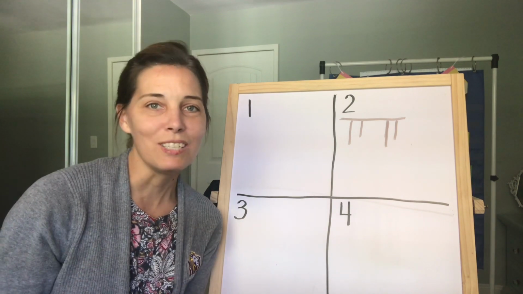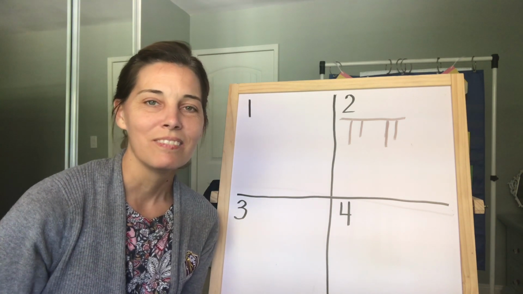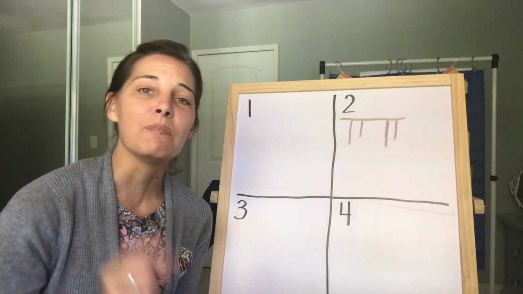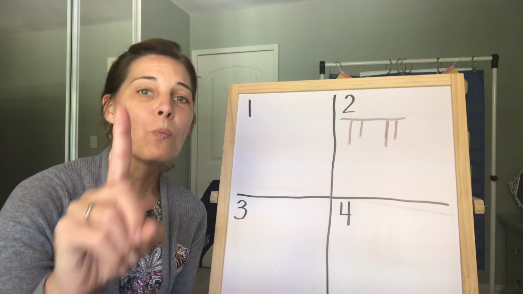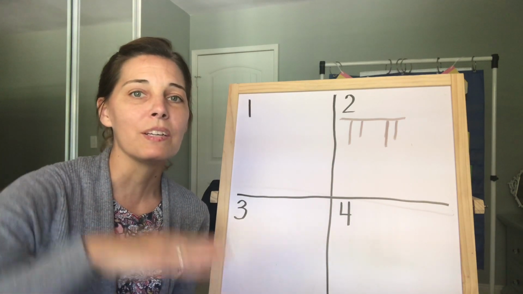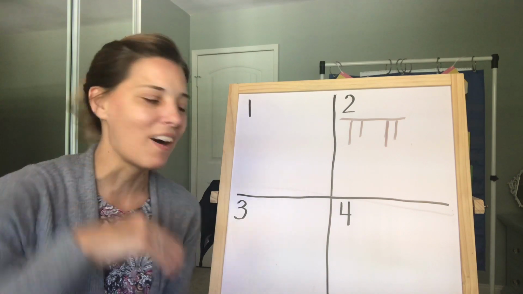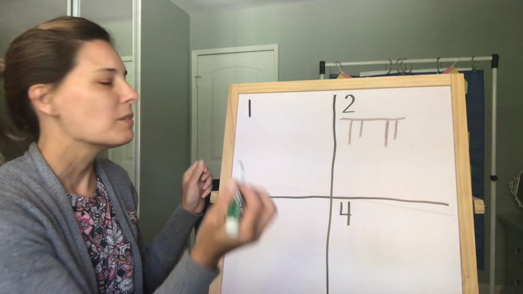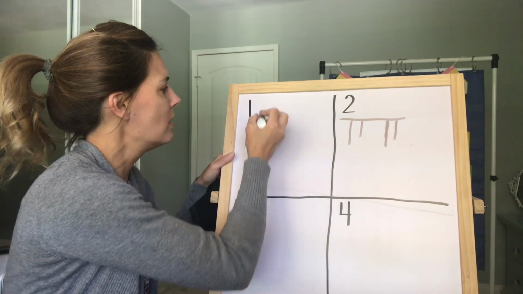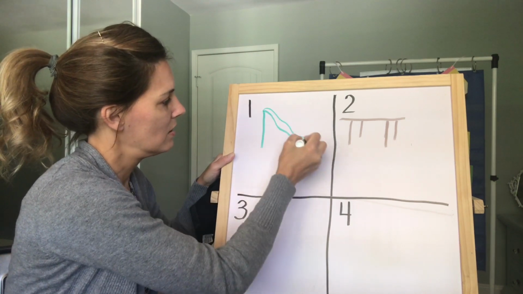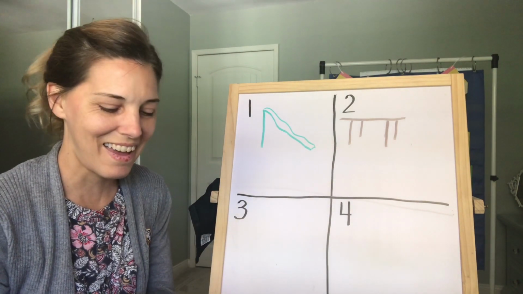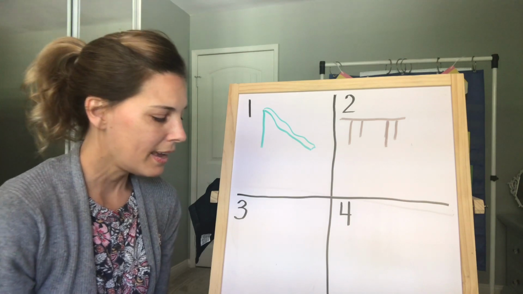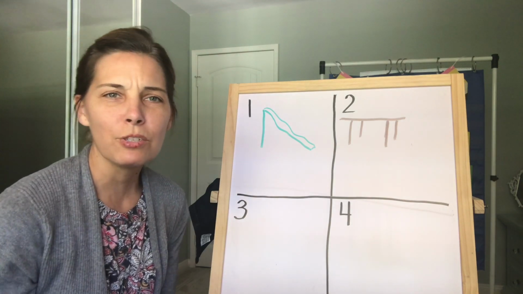How many times did your hand touch your chin? Just 1 time, because there's only 1 syllable in the word slide. All right. Slide. Excellent.